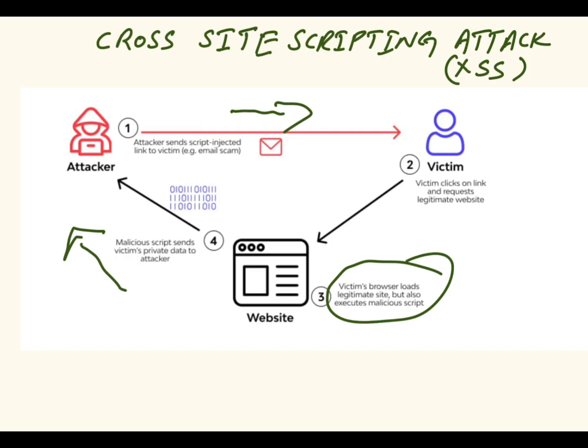This is how we can avoid cross-site scripting. The difference between cross-site scripting and CSRF we have discussed thoroughly in this video. I hope you have understood the difference because it always confuses us.